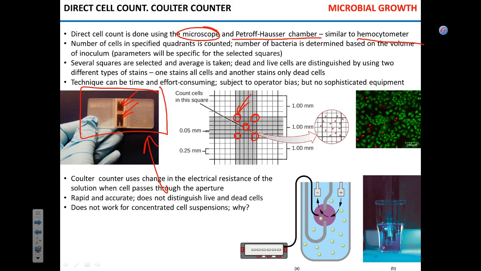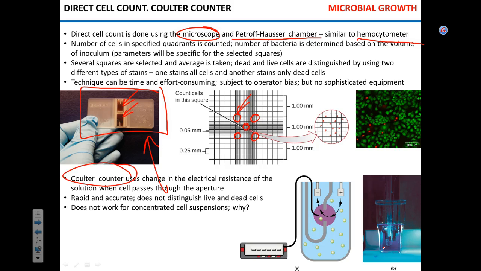They're not going to be horribly different. We're not talking about 100 versus 500. But one person may have 100 cells, another person may have 110. Does that make sense?